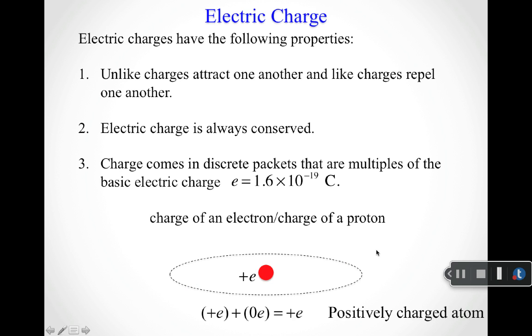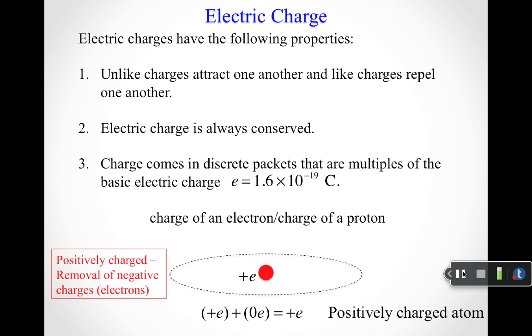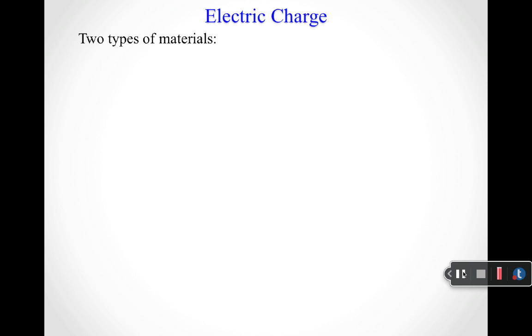So here, something is positively charged because I've taken away the electron that it started with. So as a general rule, things that are positively charged are positively charged not because we've added positive charges, but because we've actually removed the negatively charged electrons, and so you're left with a deficit of negative charge in a positively charged material.